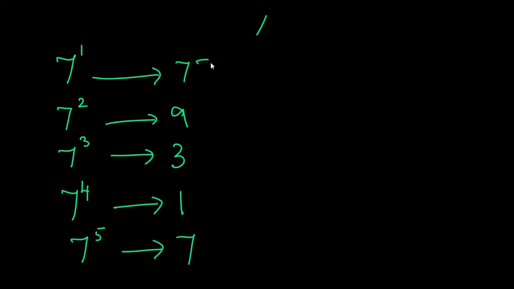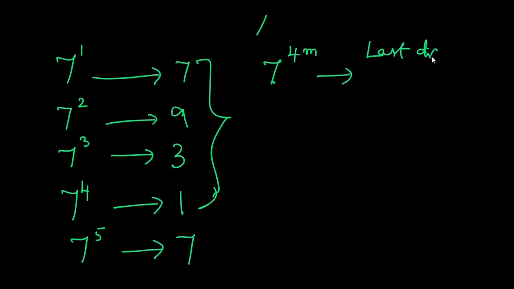So after 4 powers, the last digit is getting repeated. So here also we can write 7 power 4m, last digit is 1 here.